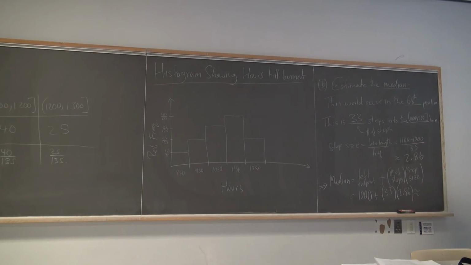So the median number of hours would be, what is that? 1094. All right, so the median number of hours that one of these bulbs will last is 1094 hours.